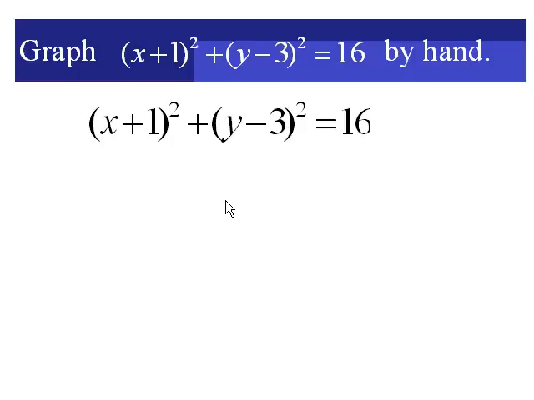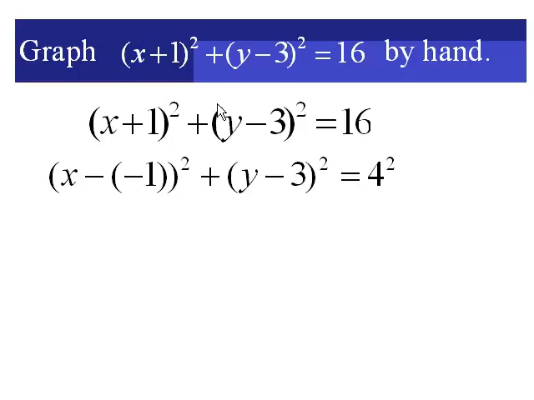Well, look at the equation as it's given, (x plus 1) squared plus (y minus 3) squared equals 16, and compare that to the distance formula version of the general equation for a circle. Notice that both the x and the y have minuses in that. So instead of writing it as x plus 1, it makes more sense to write x plus 1 as x minus a minus 1.